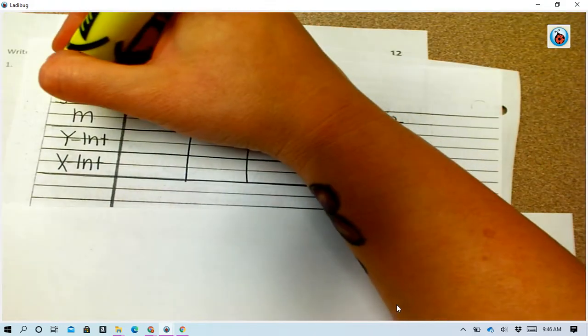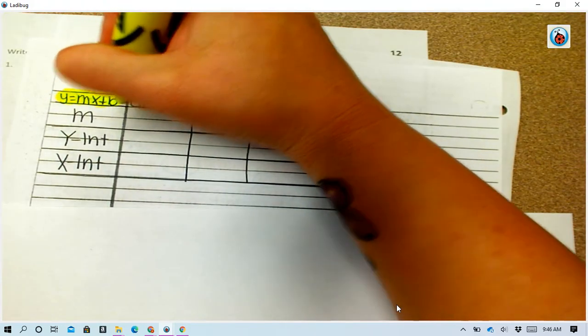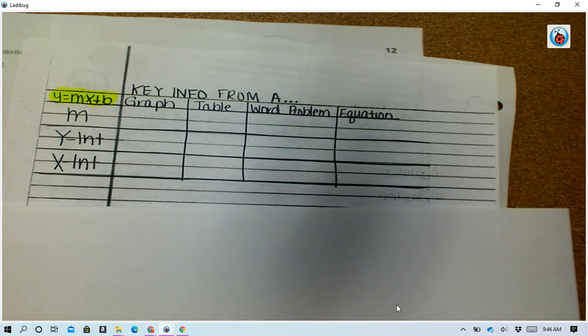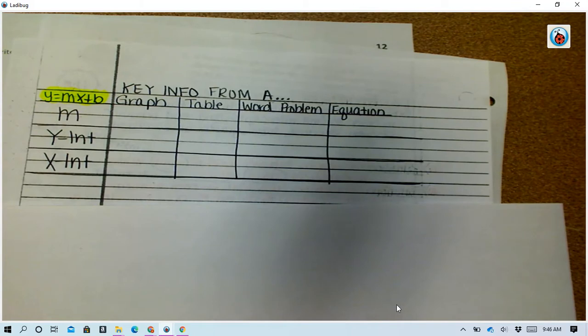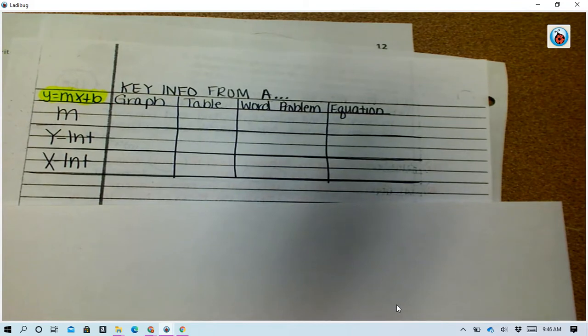Your slope, your y-intercept, and your x-intercept. I did include the standard form of a line, because in order to graph a line, you have to be in slope-intercept form. If you're not done drawing this table, I would pause the video because I'm going to start filling it out.